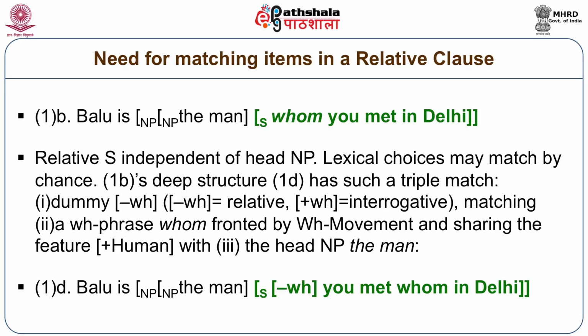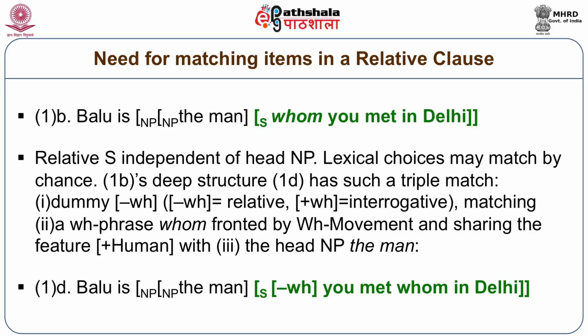The difference between them is that the interrogative clause moves the WH constituent to a position in the clause marked by the dummy placeholder plus WH that we were discussing at the end of the preceding module. Relative clauses, in contrast, have a dummy placeholder that we write as minus WH in order to distinguish relatives from interrogatives.